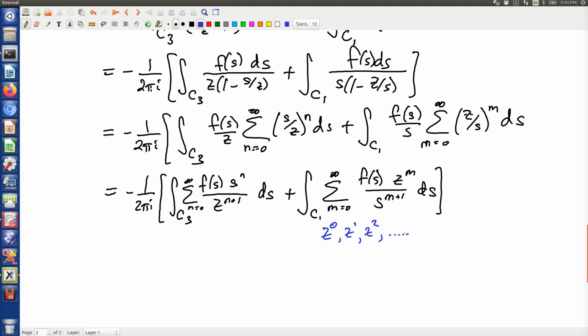Over here, when I put in an n equals 0, I get a z to the n plus 1, a z to the 1 in the denominator. So that's a z to the minus 1. As n goes up, the denominators go down, and so on.